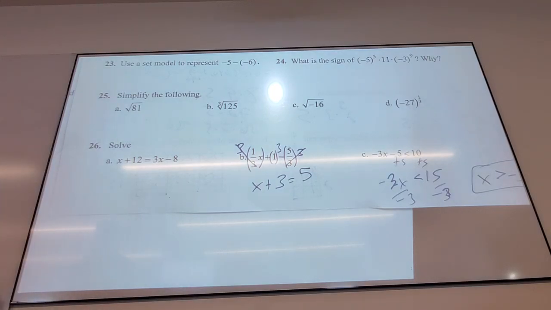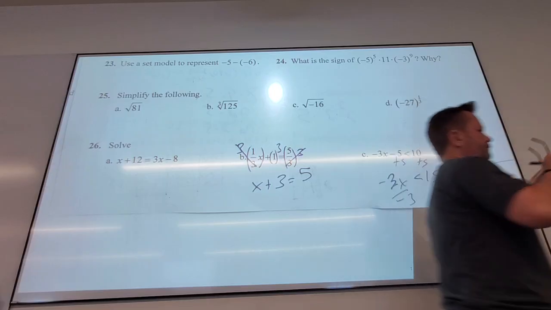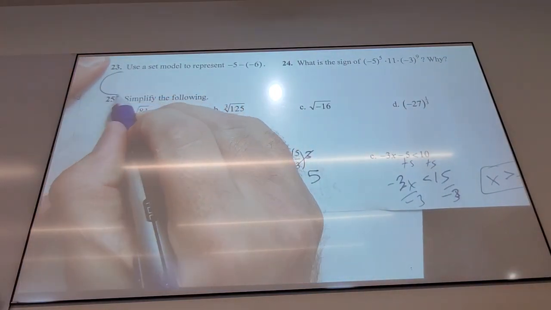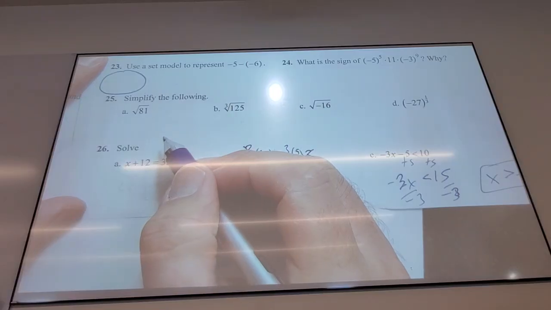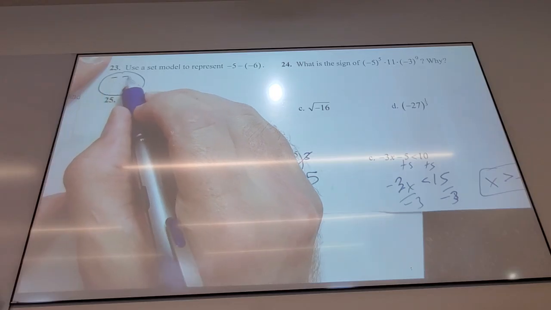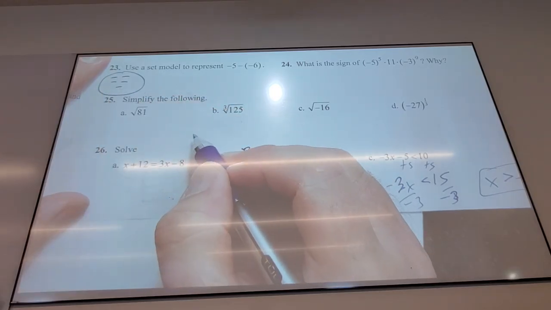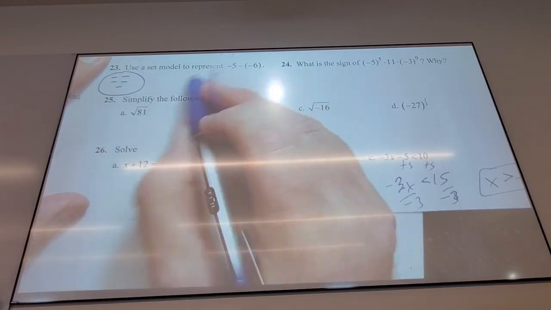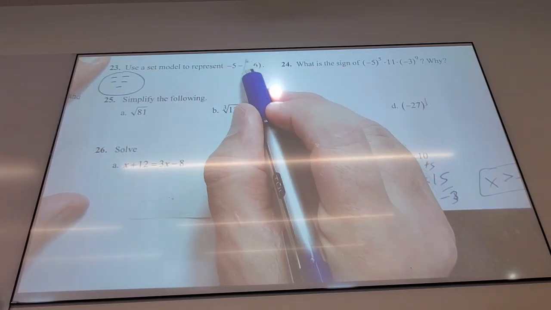So if I'm using a set model, let's draw this out. What do I start with? Just the circles? Yeah. So the way I do them is I start with 5 negatives. And then what do I need to do though?